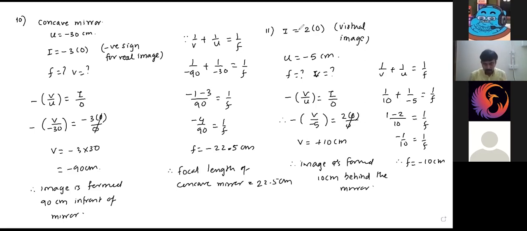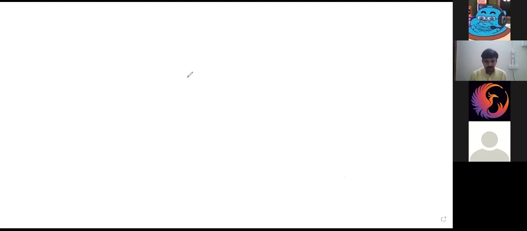Now, next step. I think we have left 12, 13, 14. 12: Image is formed by a convex mirror, of a size one-third of the object. Means I is one-third of O. How are U and V related?